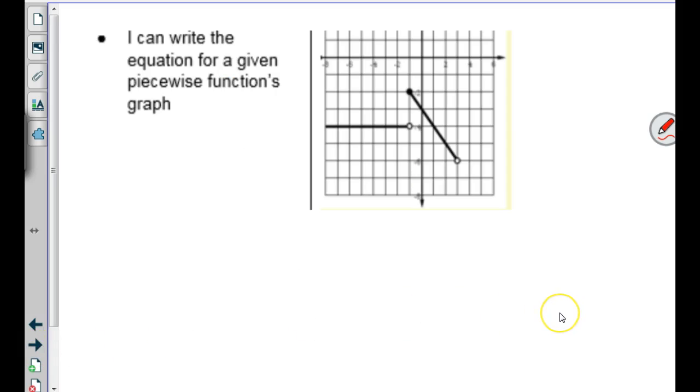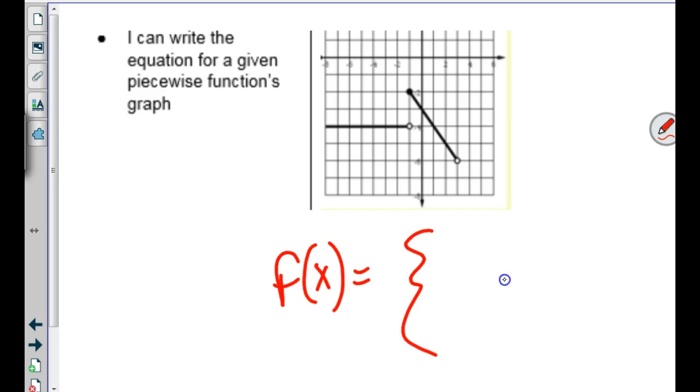Yeah, all right, let's go to the one you need to do. We got to write an equation. 2 equations. This is not that hard because it's very basic. What is this equation, guys? F of x equals, and it's set up like this on the quiz for you, -4, and it stays at -4 for all values less than -1, right? Open circle, okay?